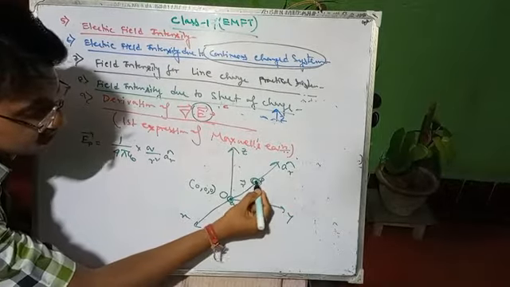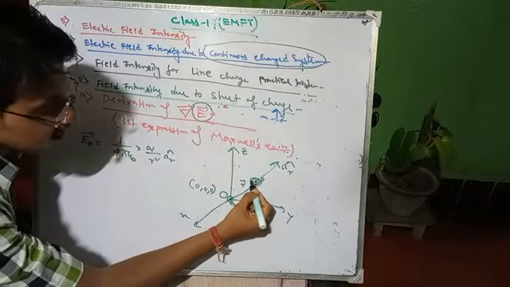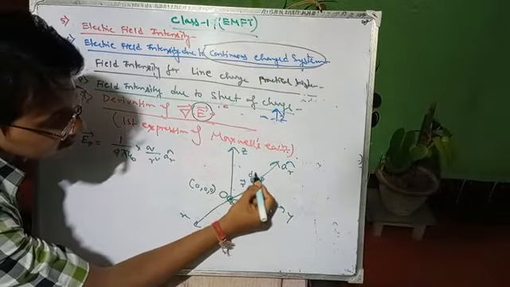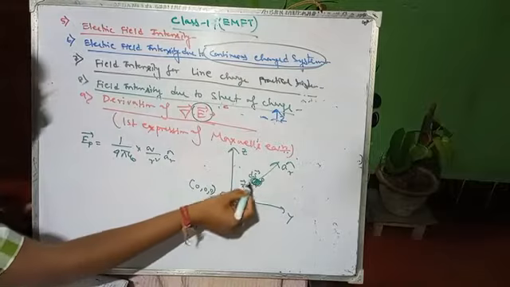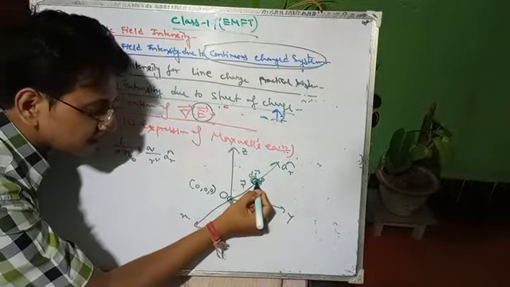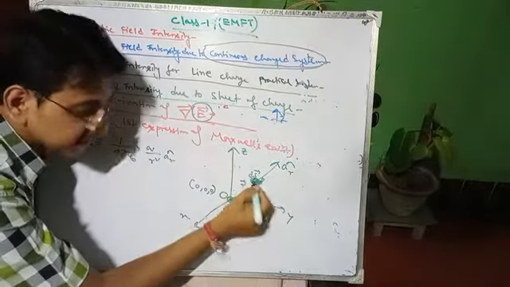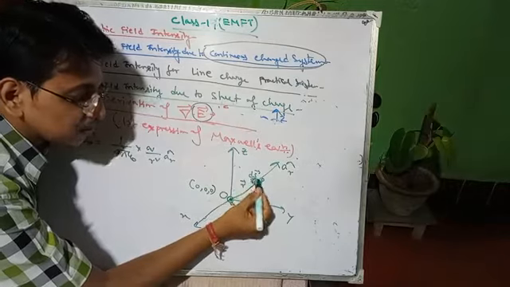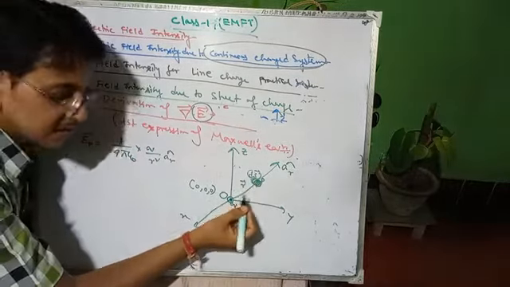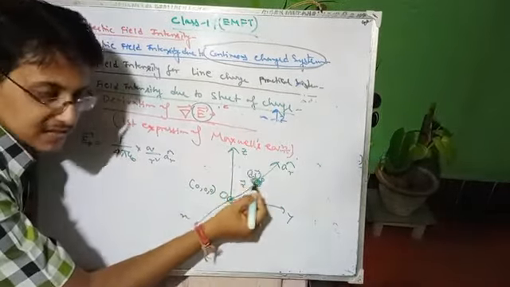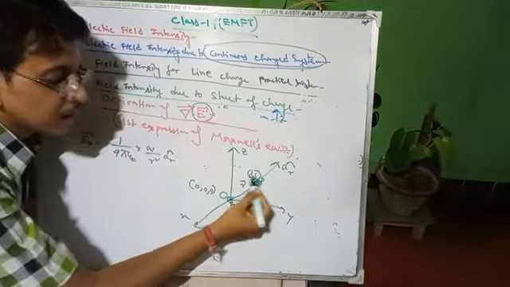Instead of a point, we are considering a small differential surface dS. Around this point P we are taking a differential surface, that is dS vector.